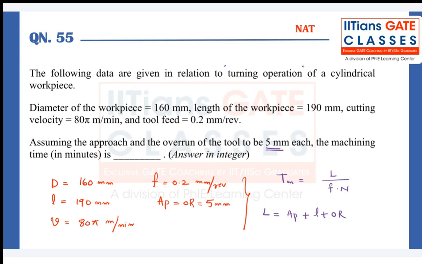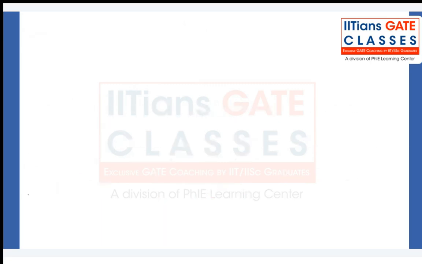All right. Now let us see. I'll just give you a small diagram in order to understand this. Now here this will be your workpiece, and this is the length of the workpiece. Diameter of the workpiece is 160 mm.